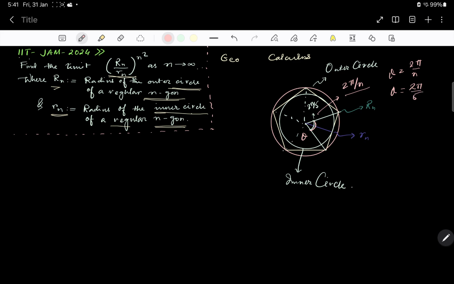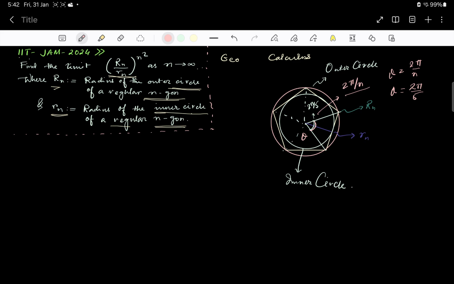Now in this case, although we have considered a regular pentagon, you can check by yourself that it doesn't matter how many sides the polygon has. You can check it with a triangle, a square, a regular pentagon, a regular heptagon, a regular hexagon, an octagon, and whatever.